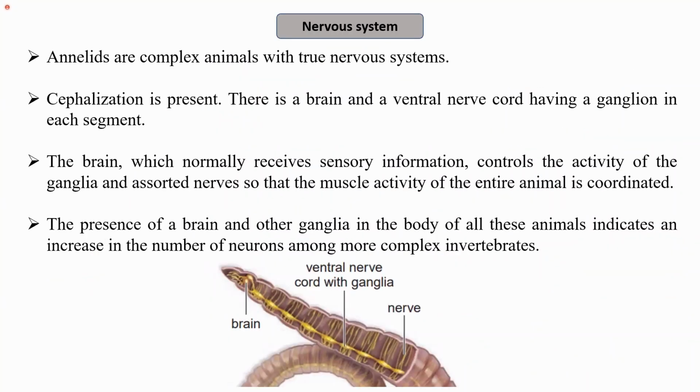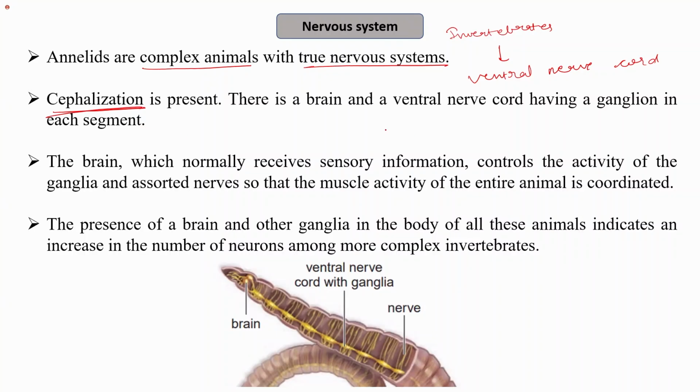Next is the nervous system. Annelids are complex animals with a true nervous system. They have an invertebrate type of nervous system where the nerve cord is present ventrally, so they have a ventral nerve cord. Cephalization is present, that is, the presence of a brain in the head.